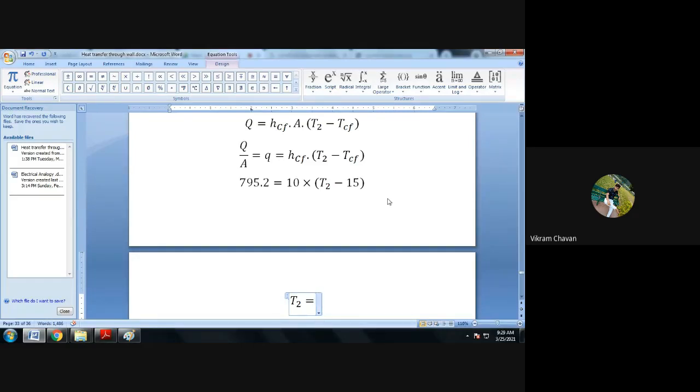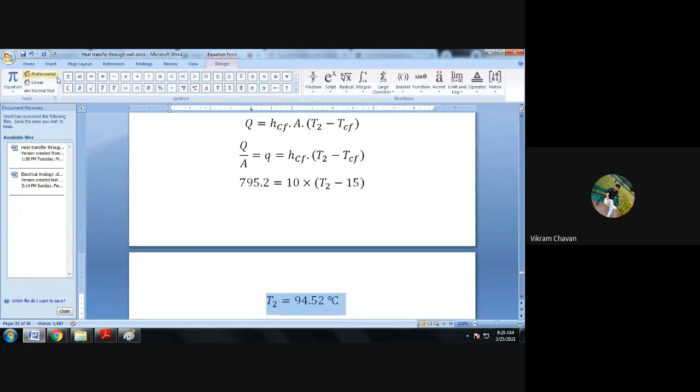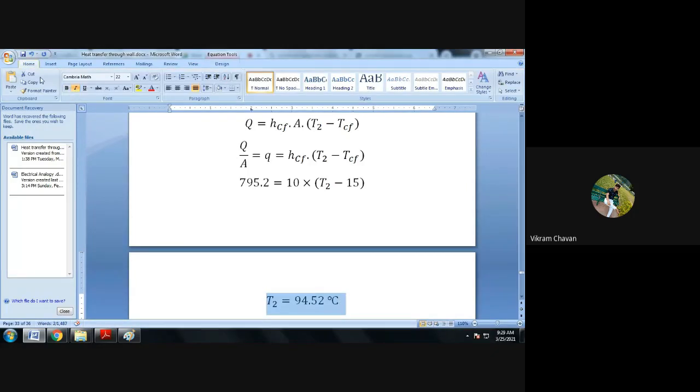Nihal and Yash are getting the same answer. So it is equal to 94.52, and the unit will be degrees Celsius. T2 is equal to 94.52 degrees Celsius. So that will be our final answer.